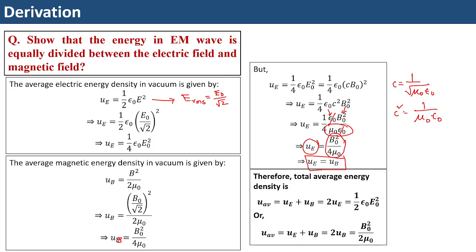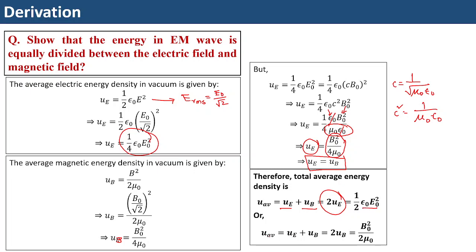So what is the total average energy density? That will be equal to the sum total of the electric component and magnetic component, but since UB is equal to UE, I can write it as twice UE, which is equal to half of epsilon naught E naught square. Actually UE is equal to 1/4 of epsilon naught E naught square, but the 1/4 and this 2 get cancelled, so you remain with half epsilon naught E naught square.